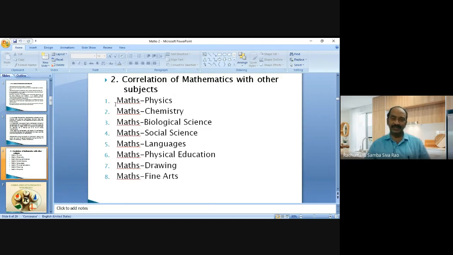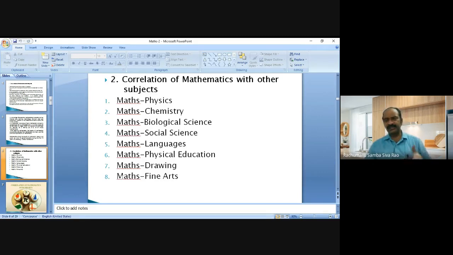Under that, we have to discuss correlation between mathematics and physics, chemistry, biological science, social science, languages, physical education, and fine arts. Drawing also comes under fine arts, so we discuss these consolidately under mathematics and fine arts.